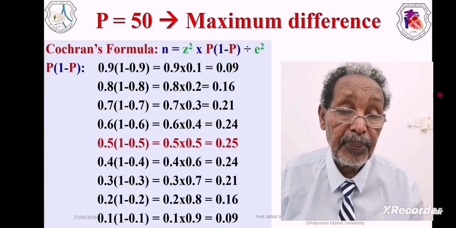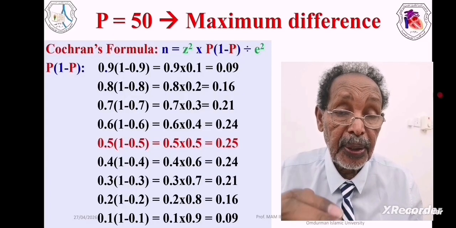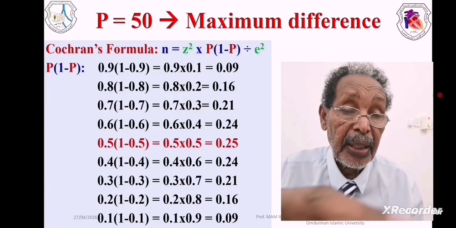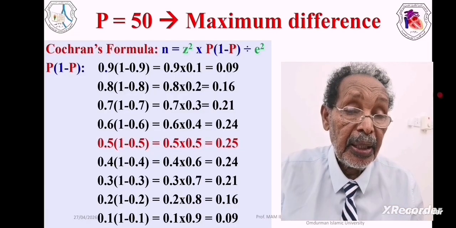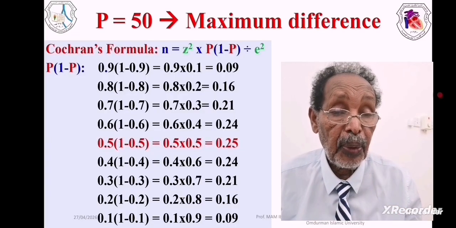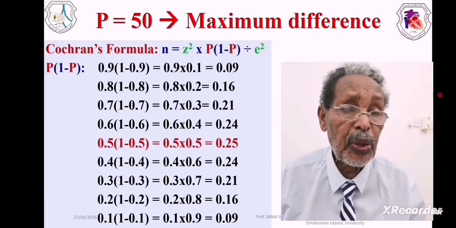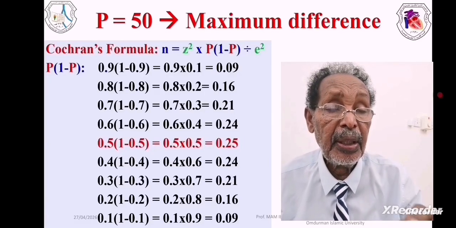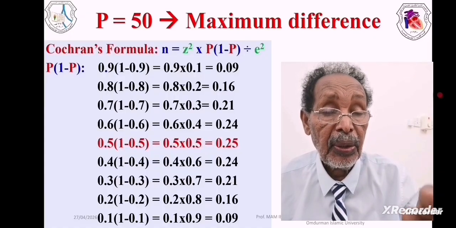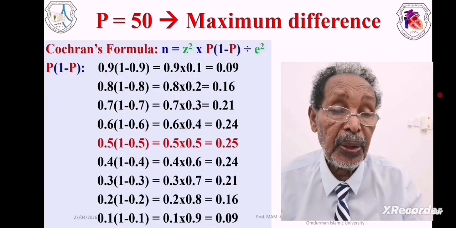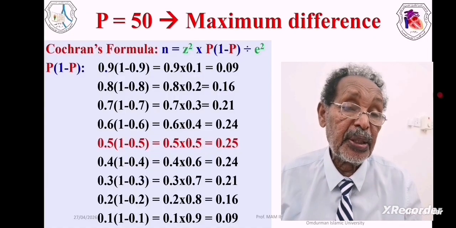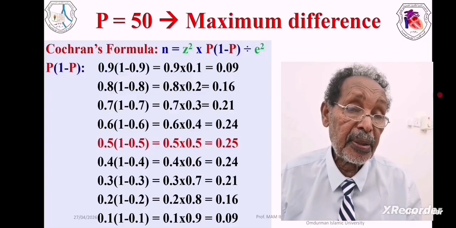If we use 40%, 30%, 20%, or 10%, the result will be less. It is 0.24, 0.21, 0.16, 0.09. So the highest variation, the maximum difference, will be when we use 50%. This is mathematics.